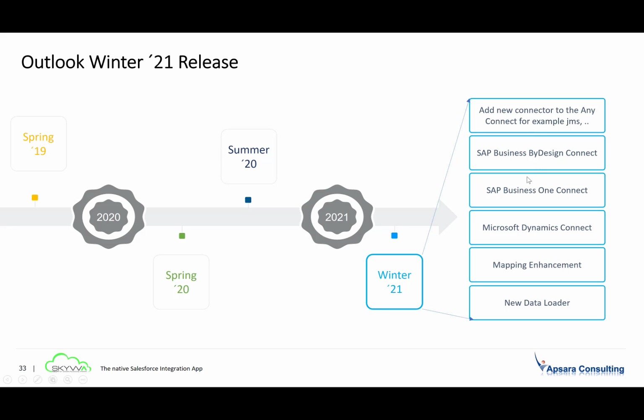We will build different additional SAP connectors like SAP Business One, SAP Business ByDesign, then Microsoft Dynamics, and we will enhance some mapping functionality, as we have seen in the last few months that you need some enhancement. We are also working on the new data loader, because our old data loader uses Adobe Flash to support the mass manual load, and we are replacing this with a new technology and building a new data loader, also redesigning the screen a little bit. This is the plan for the next release, winter 21.